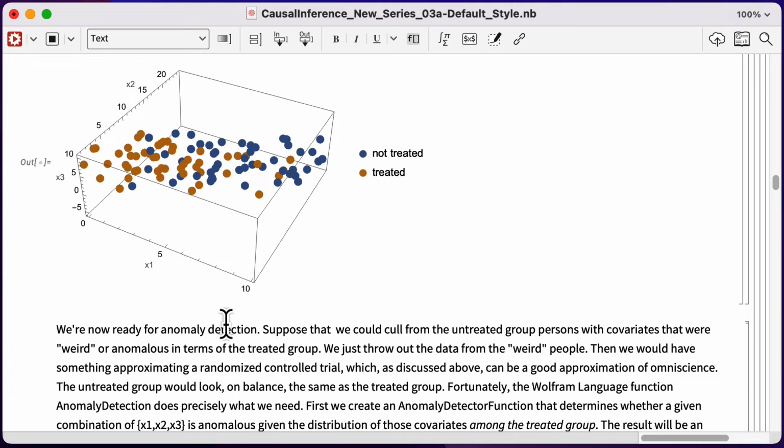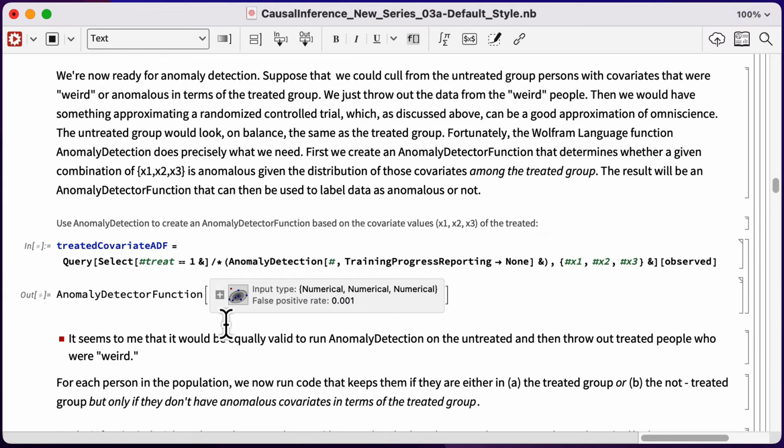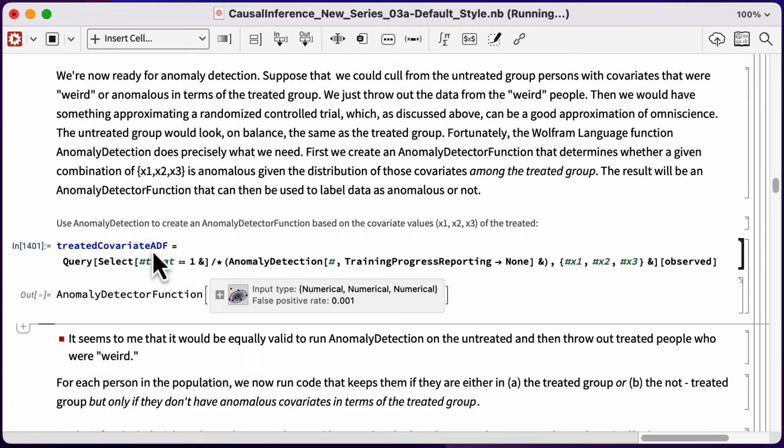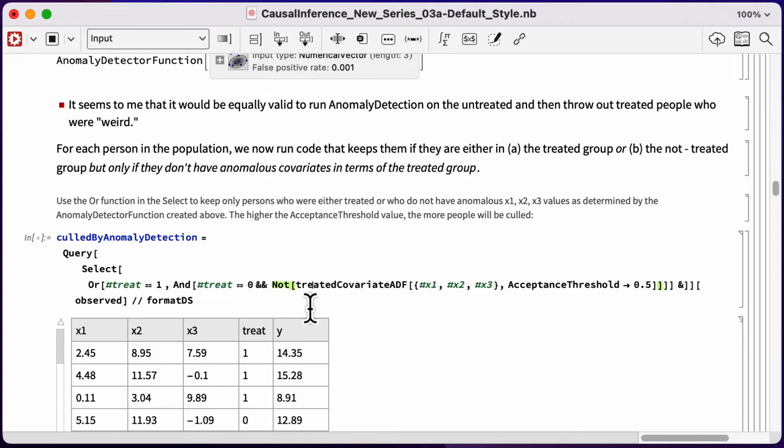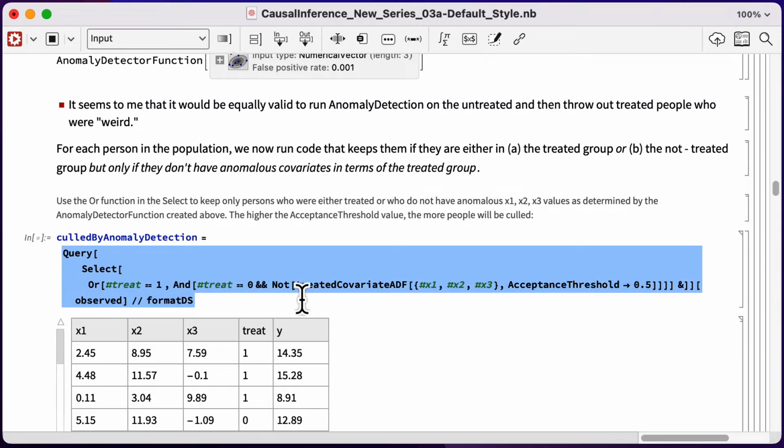So let's actually see how we do this. We're going to do anomaly detection on the data, and we're going to create something called an anomaly detector function. All right, and now what we're going to do is basically get rid of people.